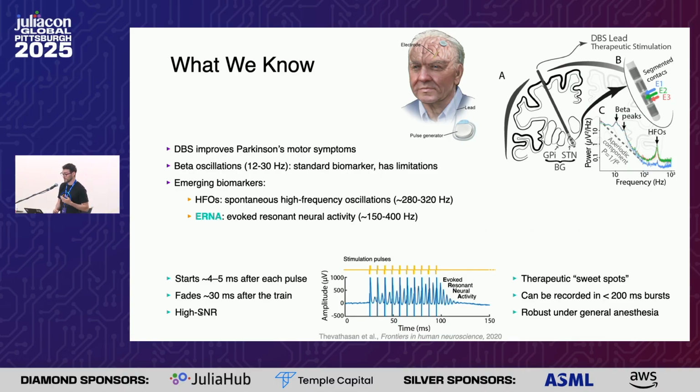They have some remarkably high signal-to-noise ratio, and most importantly, oftentimes the positioning of the electrode that generates the maximum ERNA amplitude coincides with the positioning of the electrode that makes the treatment more effective. So those are called the therapeutic sweet spots.